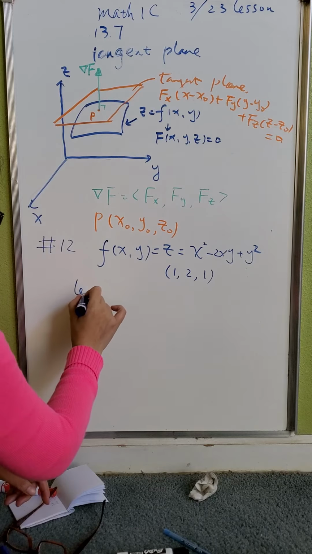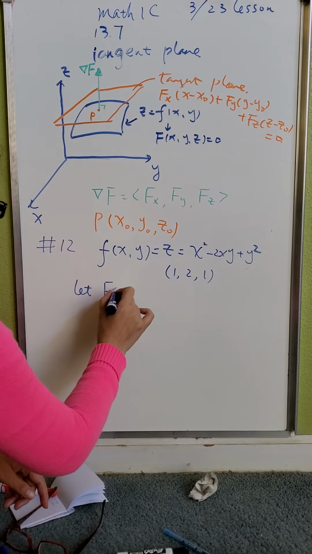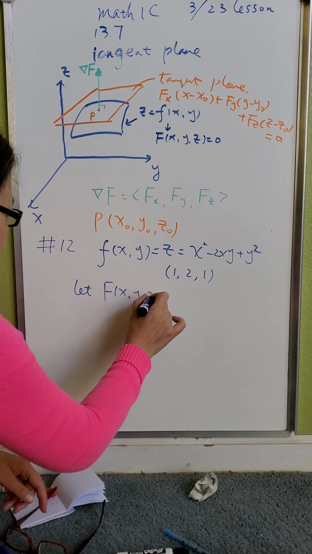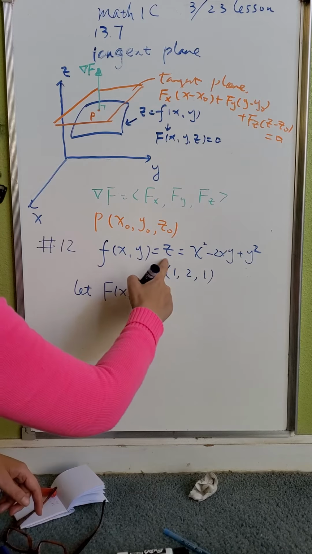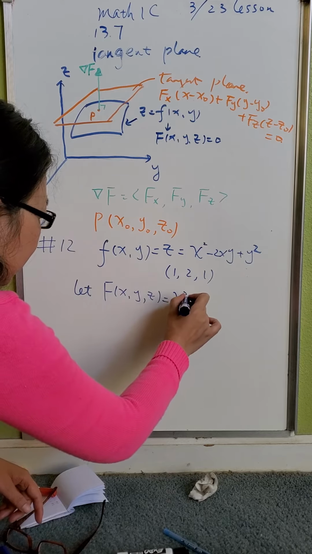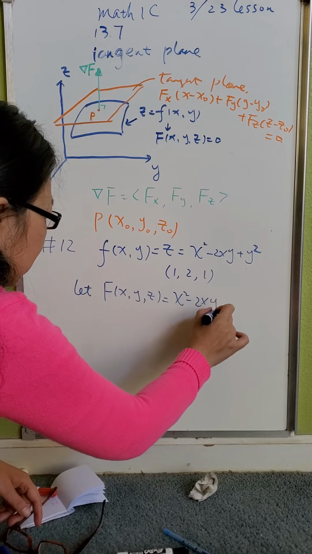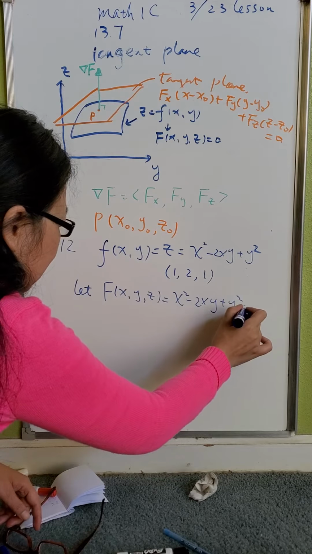You let f of x, y, z equal to, subtract z on both sides, just like how we did.